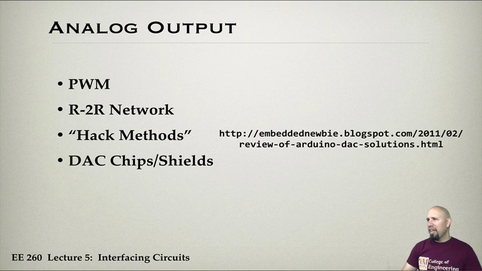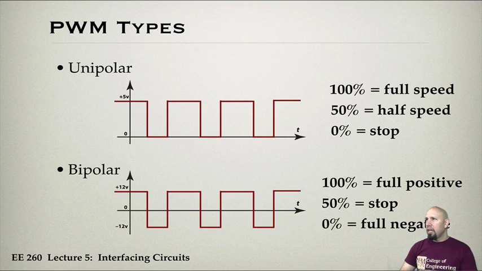They mention a number of methods that can be used. They have some validity. They're not all that great, but anyway, they are methods, and there will probably be more as time goes on. Okay, pulse width modulation. There are two types of pulse width modulation.